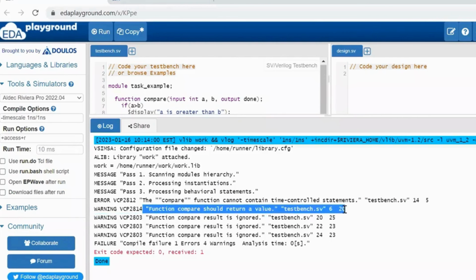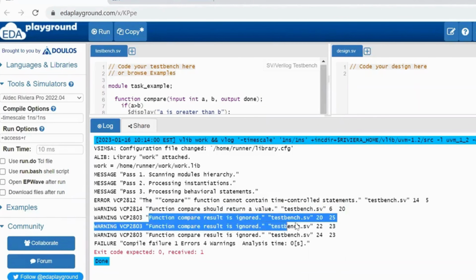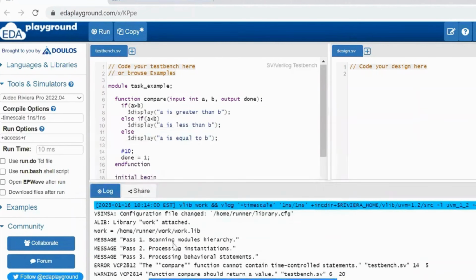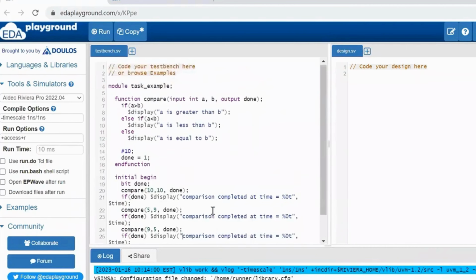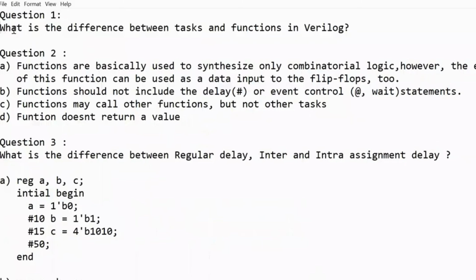Whatever input arguments we send, it just returns the value, it doesn't take inout or output values; we cannot mention them. And also the function compare result is ignored. Once that statement is ignored, all these statements will be ignored, right? So we cannot pass this argument done if we use the function. So this is the difference between task and function.